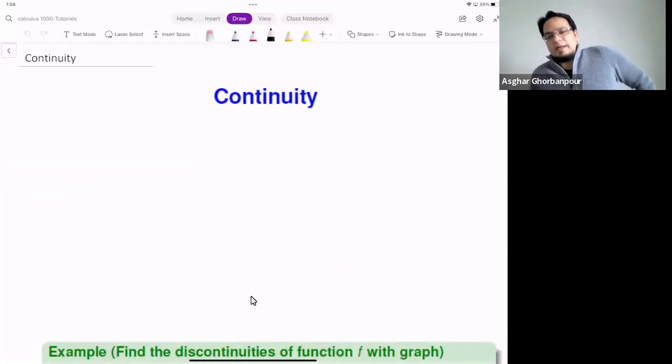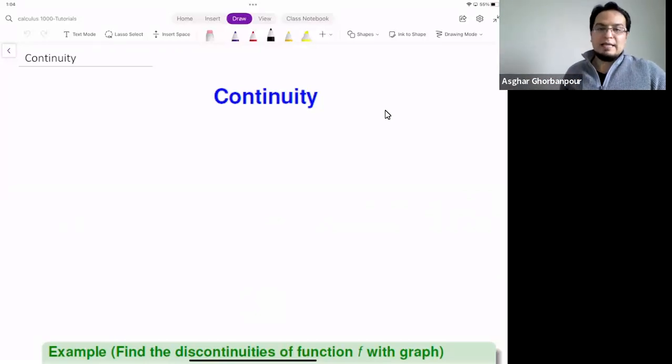Then I'll move to the next topic. This is about continuity. Continuity is a condition that is stronger than having a limit. Here is the definition, just a very quick recall.